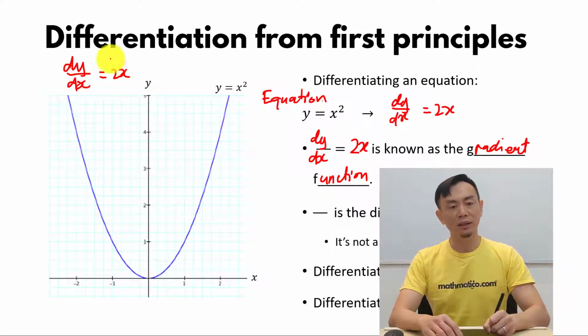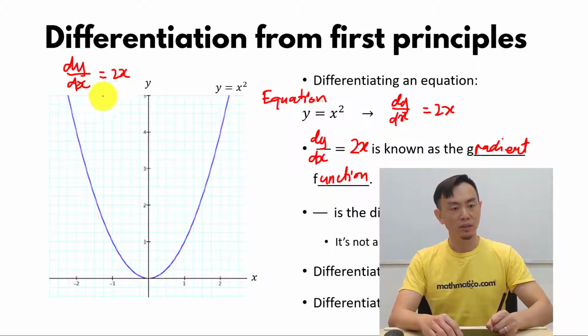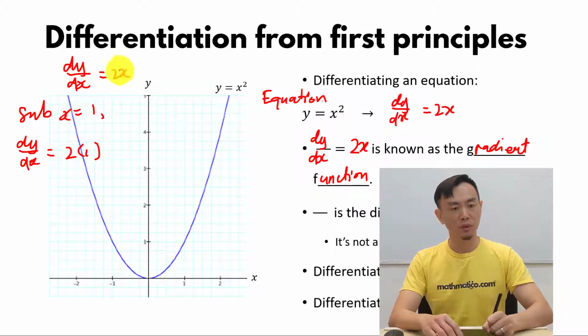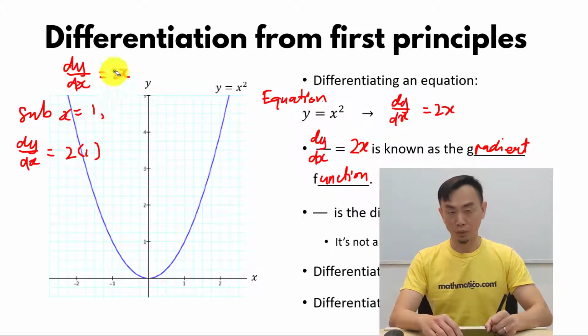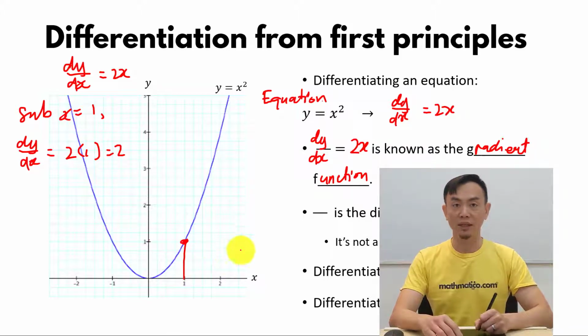Basically, if you tell the gradient function what the x is, let's say x equals 1, so we are going to sub x equals 1, then the dy by dx is going to give us 2, right? 2 times 1, because 2 times x, sub x equals 1, you get 2 times 1, which is 2. What this means is, at x equals 1, which is basically this point, isn't it?